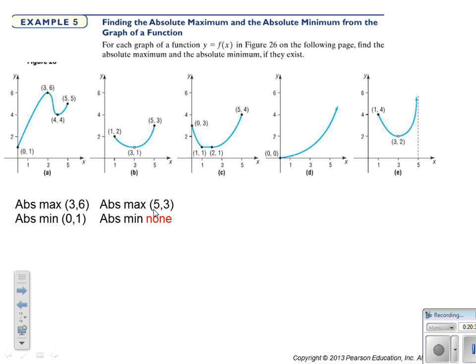Because it's a rounded curve, there are an infinite amount of points that lead into 3, 1 from either side, and there's not one that is lower than the other on either side. So you can't say my absolute min is 3, 1, because there's a hole there.